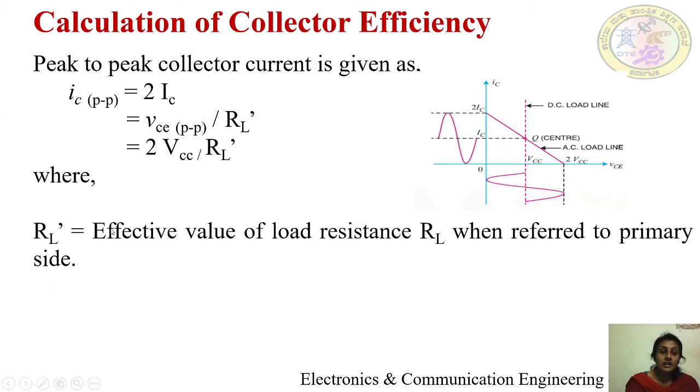Here RL dash is the effective value of load resistance RL when referred to the primary side. When we are measuring resistance across the primary side, RL dash is the reflected value. As I derived previously, RL dash is equal to alpha square into RL.